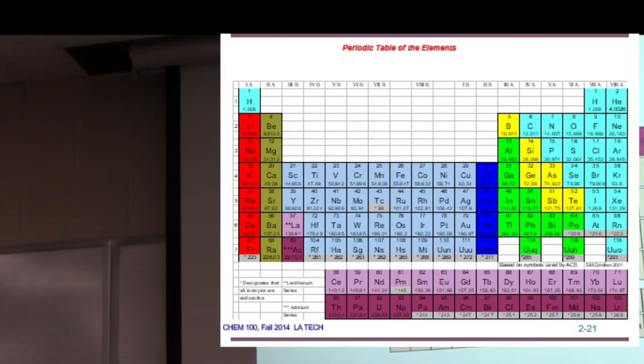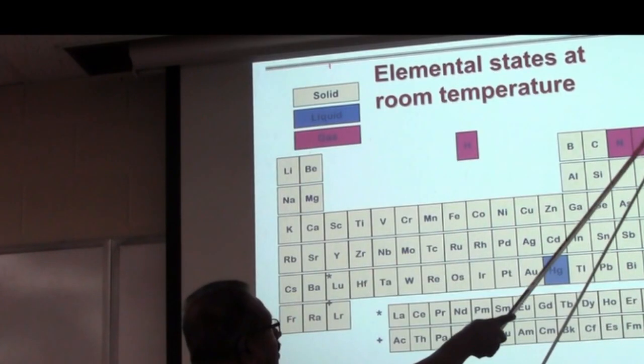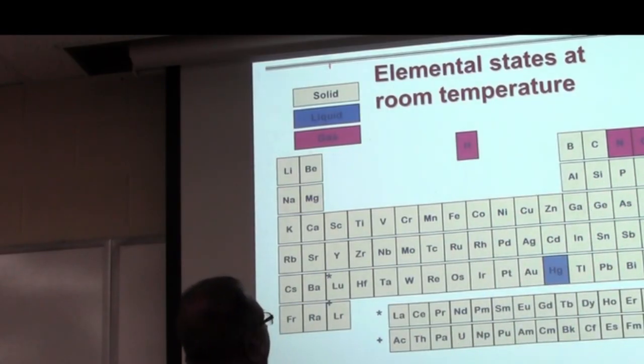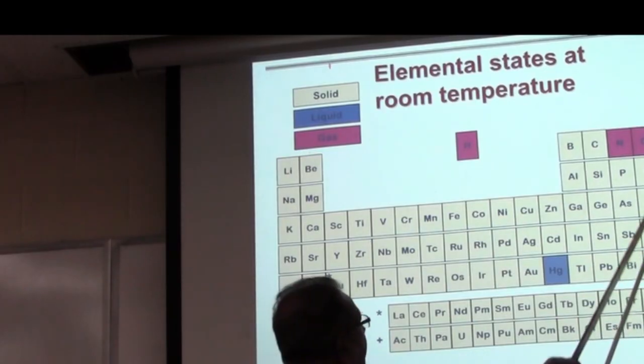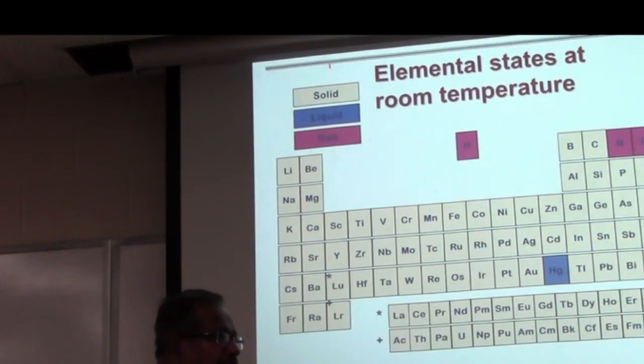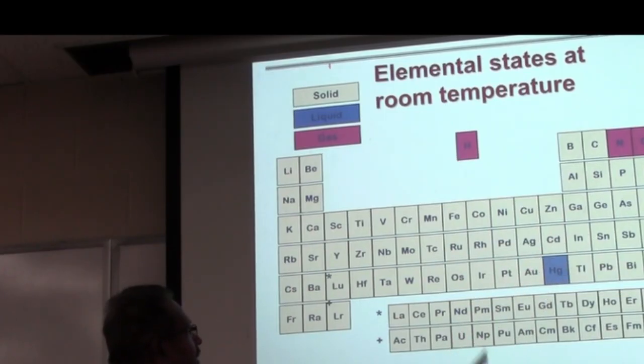Based on the physical properties, the states of matter, there are 11 gases. How many liquids are there? Two. Naturally, at room temperature, these are liquid.